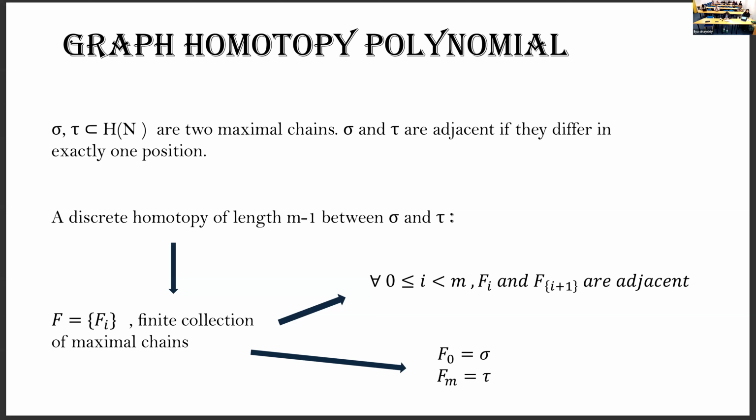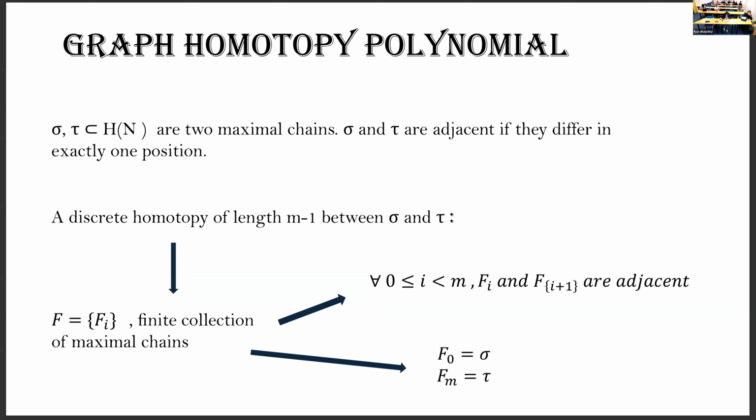A discrete homotopy of length m-1 between sigma and tau is a sequence of m different maximal chains where any two adjacent maximal chains in the sequence must be adjacent as I just defined. M different maximal chains in the sequence gives us a discrete homotopy distance of m-1.